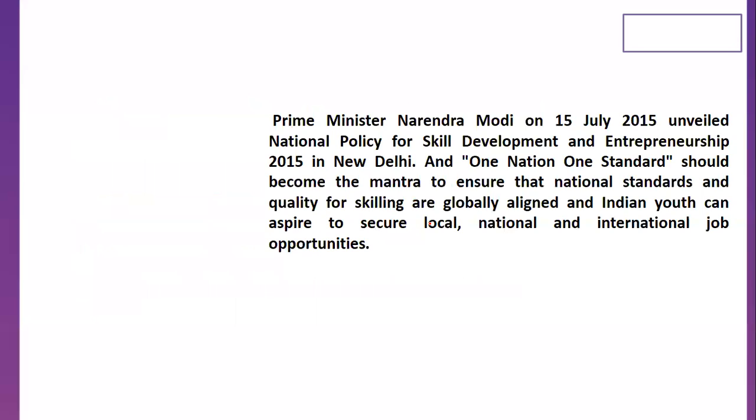Now, Prime Minister Mr. Narendra Modi, on 15th July 2015, please mark this also, unveiled the National Policy for Skill Development and Entrepreneurship in New Delhi, which talks about a mantra, that is, one nation, one standard, in order to ensure that the skills are globally aligned, and the Indian youth aspire to secure local, national, and international job opportunities. So it is basically to ensure that the opportunities coming up for the nation's youth are in the form of one nation, one standard.